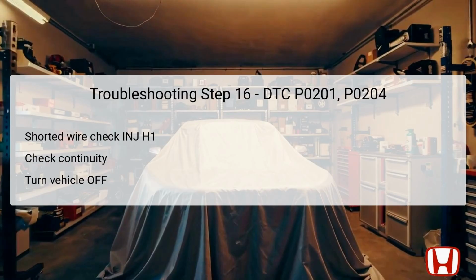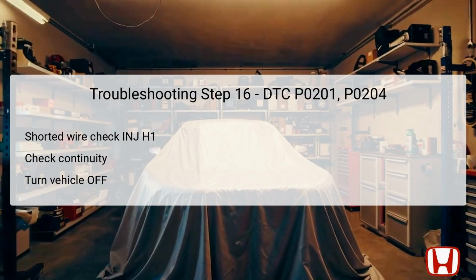In this troubleshooting step, focus on conducting a continuity check within the INJ-H1 wire. While the vehicle is switched to the off mode, ensure the appropriate connectors are disconnected and check for continuity between specified test points. If continuity is confirmed, this indicates the INJ-H1 wire is functioning properly.